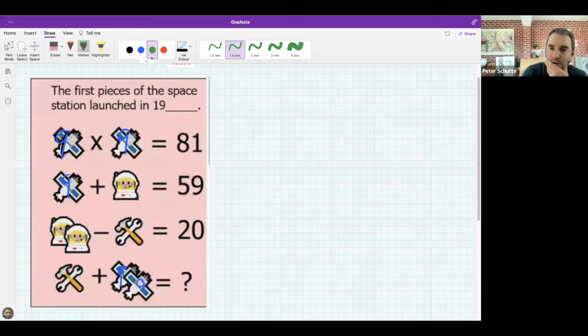And then I see a couple of different answers coming in. This would be 50. There's 9 plus 50. And there's 2 of these little space guys. So that's 100 minus what gives me 20. So 100 minus 80 would give me 20.